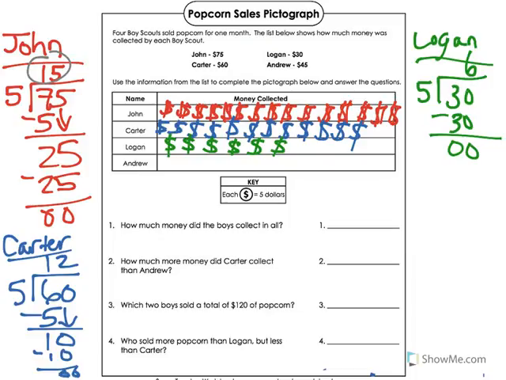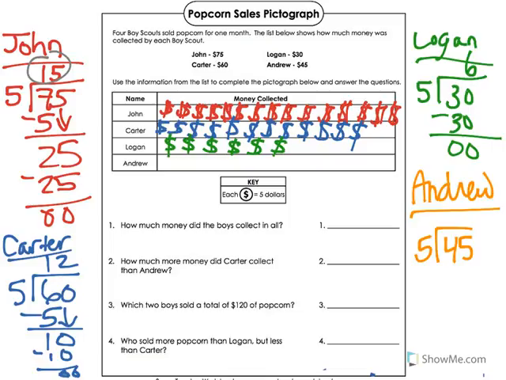Alright. Last but not least, we have Andrew. And Andrew made $45. So how many times does 5 go into 45? Well, 5 can't go into 4, and so let's think. We know 5 times 6 was 30.